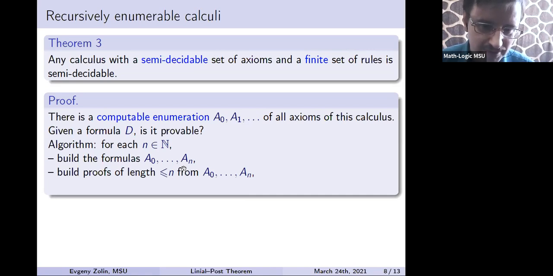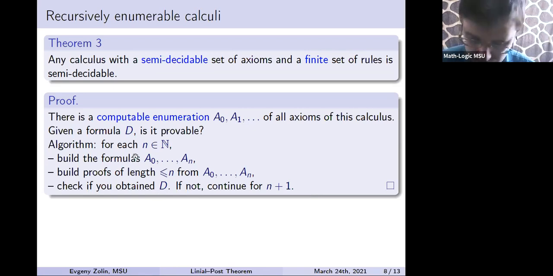So at some number n, we will obtain the axioms that are enough to prove our formula B, and n will be sufficiently large so that the proof of length n will indeed prove it. So we build all these possible proofs and check: did we obtain the formula B? If yes, we stop and return 1. If no, we go to the next n.